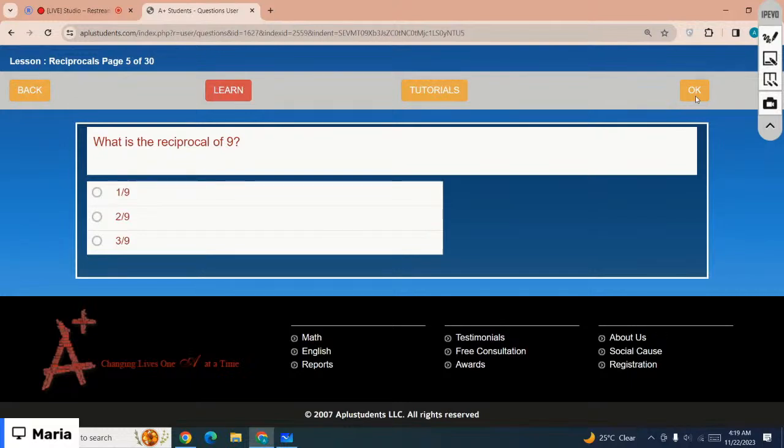Which is the correct option? The correct option is 1 over 9. Very good.